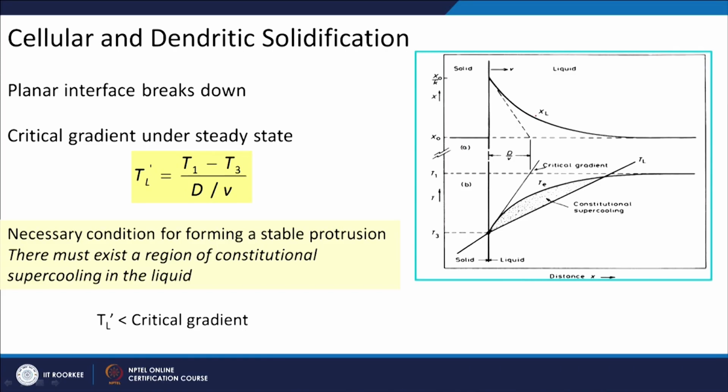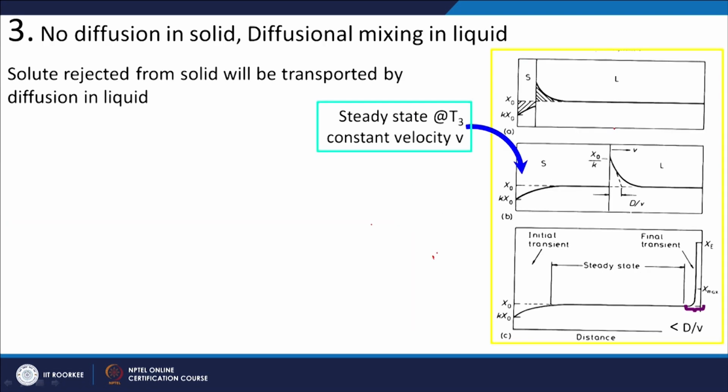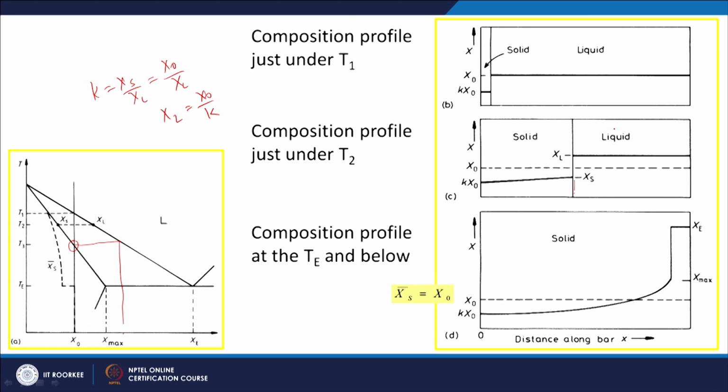Now, we will do a further analysis of what is happening in the liquid. If you see in the liquid, the solute content is varying like this, in an exponential curve. You can understand it in the phase diagram like this. If the overall solute content of an alloy is this, then the melting point is given by this.